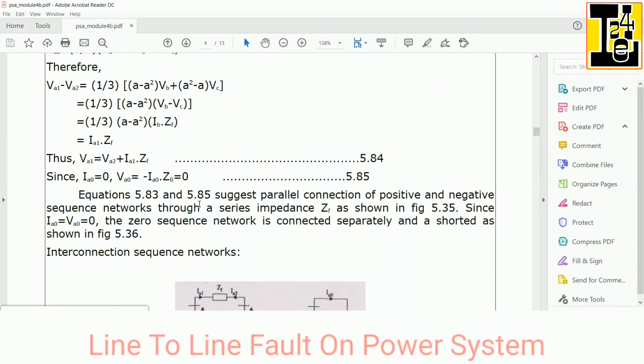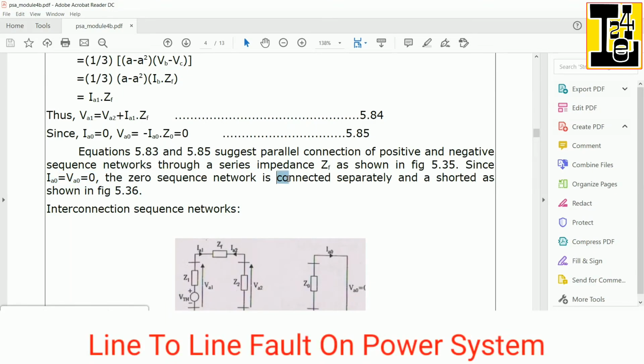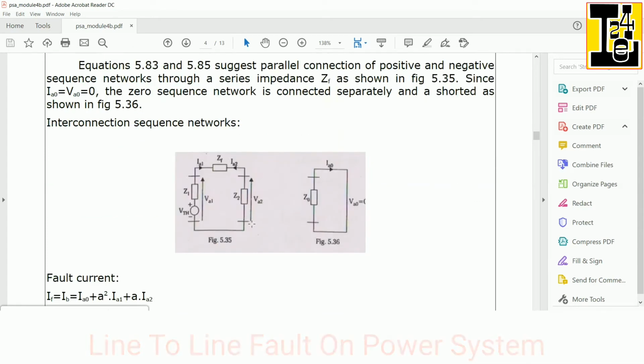So these symmetrical component relations suggest that there is a parallel connection of the positive and negative sequence networks through a series impedance of ZF. Since IA0 and VA0 are 0, the zero sequence network is connected separately and shorted on itself. So this is the interconnection of sequence networks.